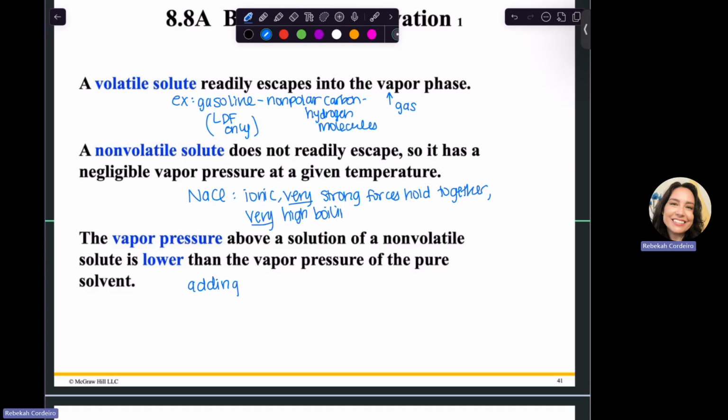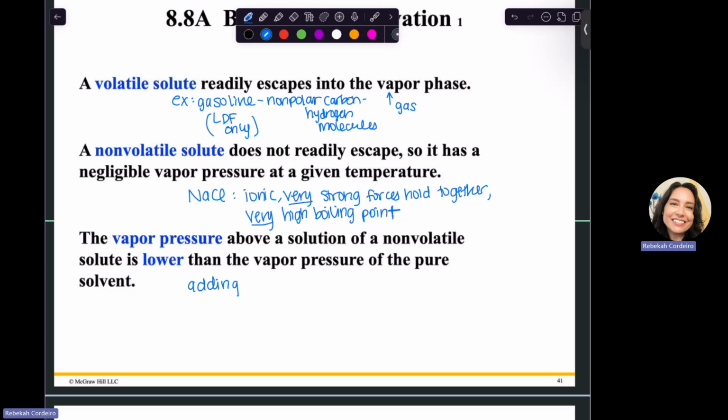This thing is not turning into gas anytime soon, and so it's very non-volatile. You don't think about sodium chloride turning into gas ever, right? We don't even consider it really turning into a liquid. We talked about this before, but if you turn sodium chloride into a liquid, we call it molten, like lava, because it has to get that hot to liquefy it.